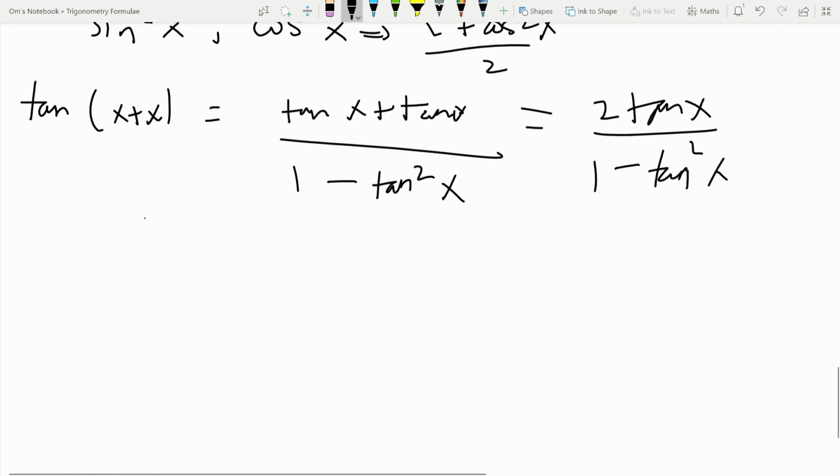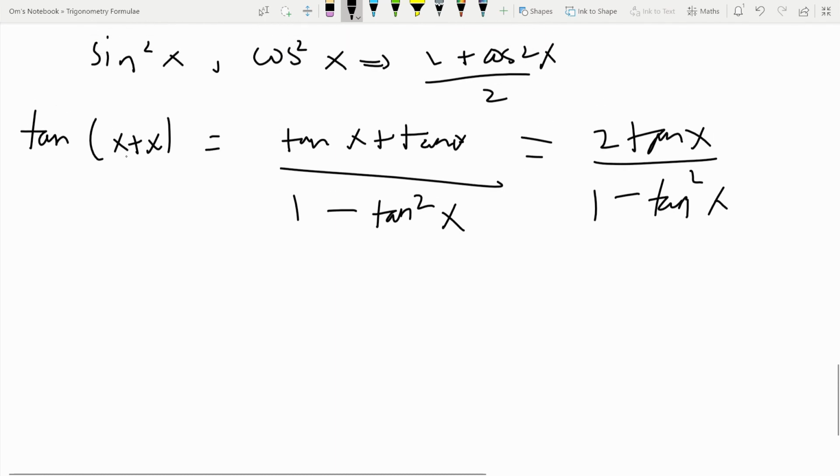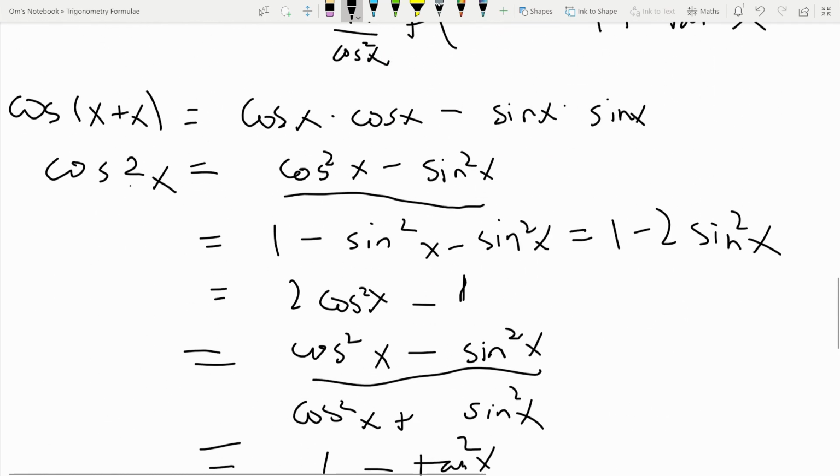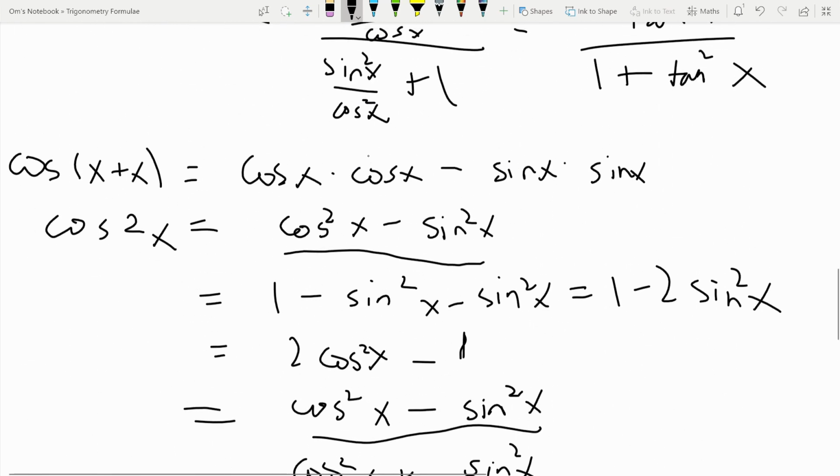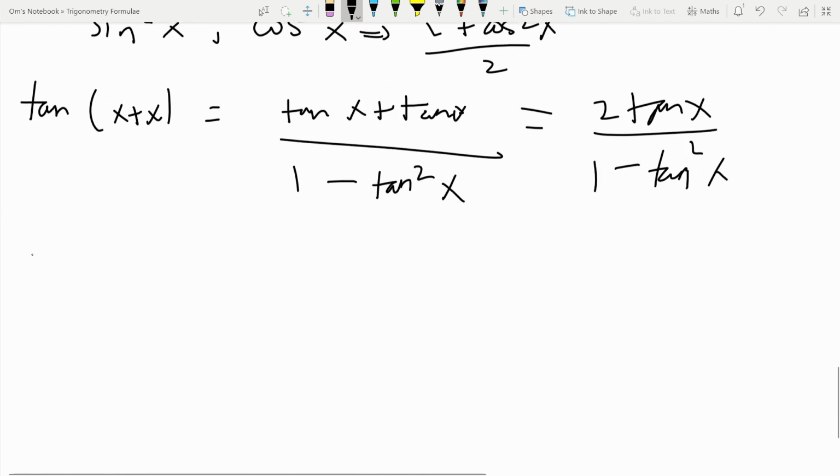Now there are also formulae for triple angle, but I am not going to derive them. They use the exact same principle, that is, you have to find sine of 2x plus x, and then you'll use the value for sine 2x that you found over here. So instead I'm just going to state them over here, and you can try them in your free time. Think of it as an exercise, I guess.